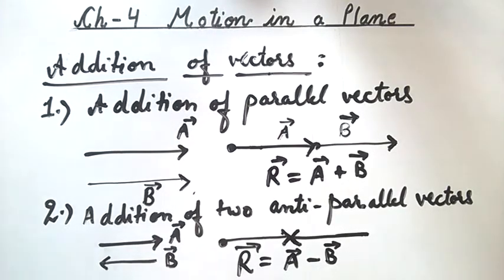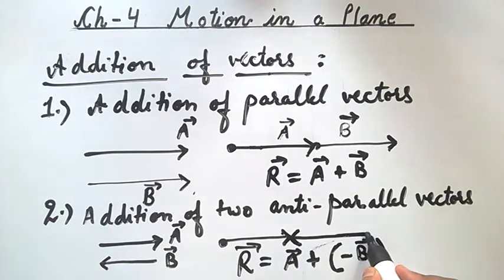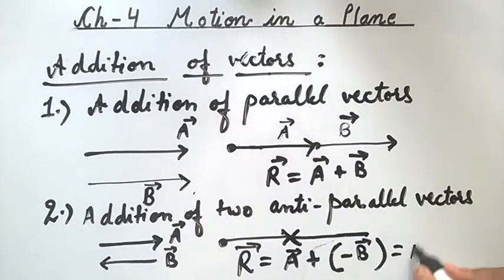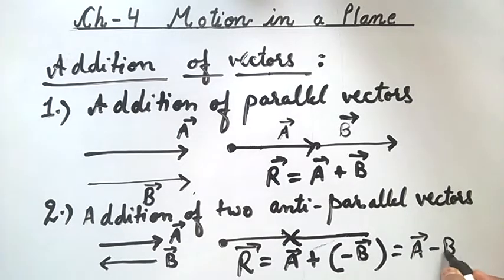That is, we can write it in this way also, that we are adding A vector and its opposite vector, that is minus B vector. So it is equal to A vector minus B vector.